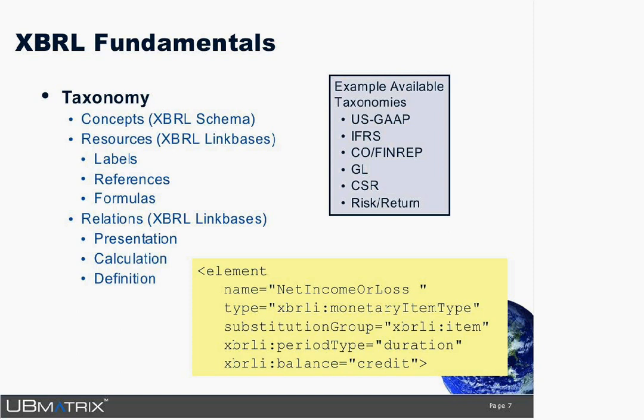There's GL for doing general ledger, and one of the examples we'll see is the use of the general ledger taxonomy inside an enterprise. CSR, corporate social responsibility. I mentioned before the OCEG working on a taxonomy for governance, risk, and compliance, and the SEC has also worked on creating a risk-return taxonomy for mutual funds.